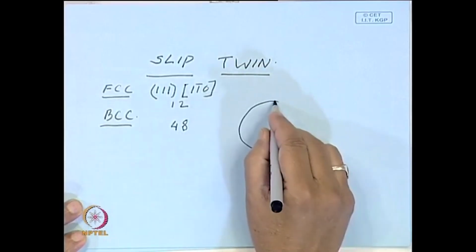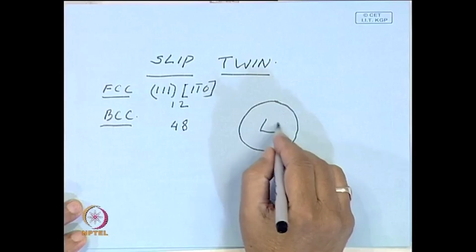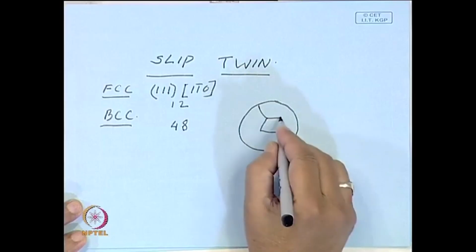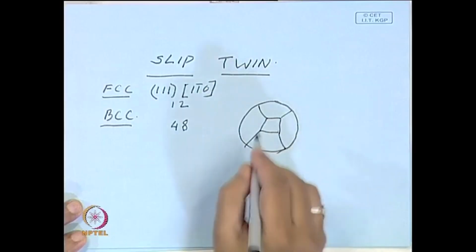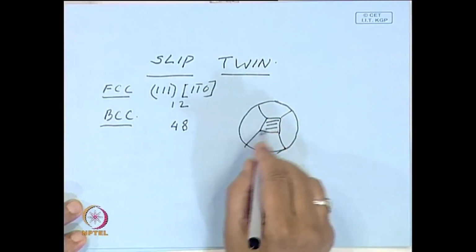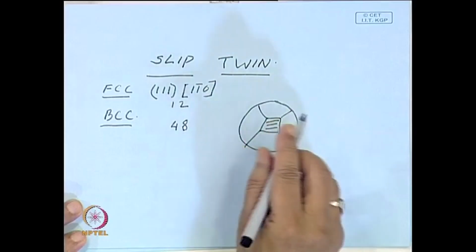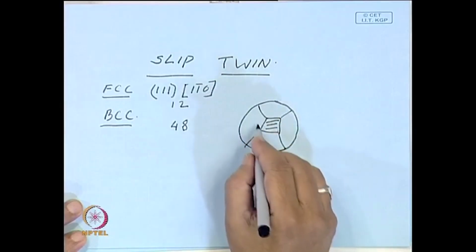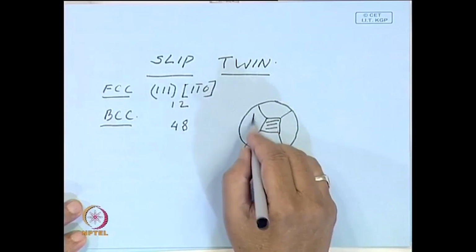So basically, in a face centered cubic structure, we have seen slip lines in a polished sample. If you deform and look under a microscope, you will find such slip lines.